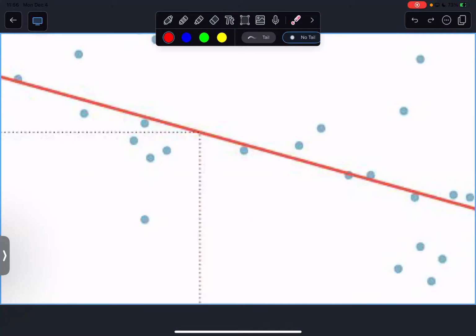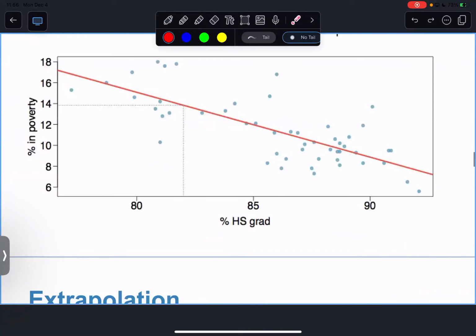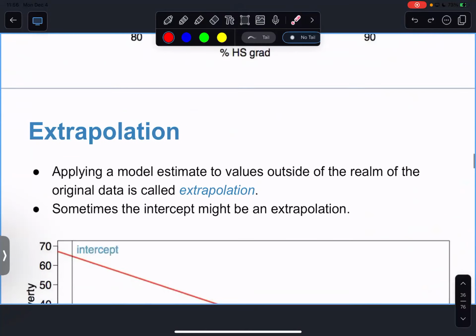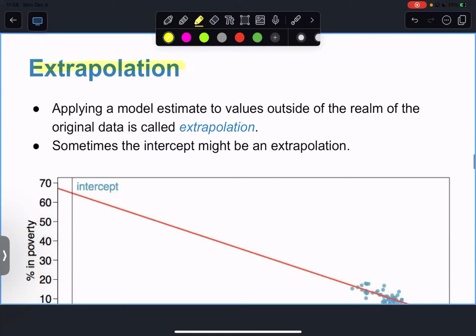So use it, but don't use it exclusively. So extrapolation is what I keep trying to introduce, and here it is when you are applying a model estimate to values outside the realm of the original data. That's when we call it extrapolation.